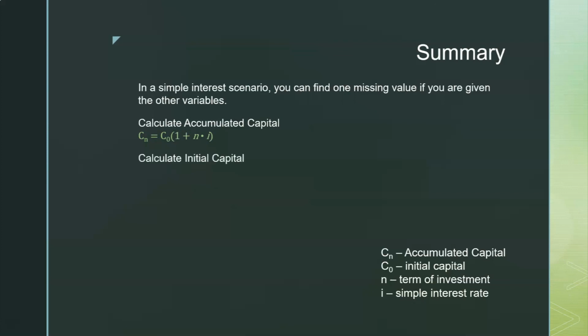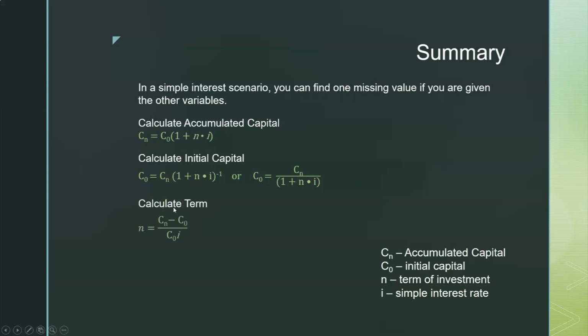To calculate the initial capital, we have a choice of formulas, whichever one you're most comfortable with, where the initial capital is equal to the accumulated capital times bracket 1 plus the term of investment times the interest rate to an exponent of -1, which we recognize to be 1 over everything there.